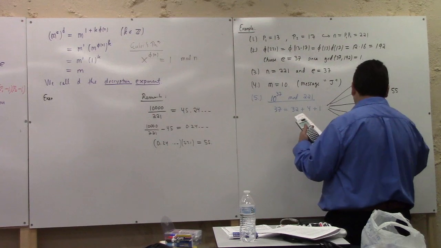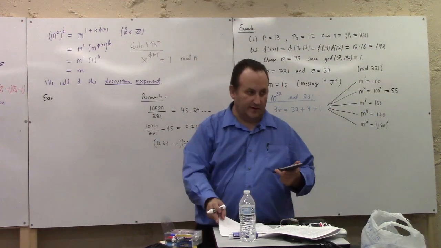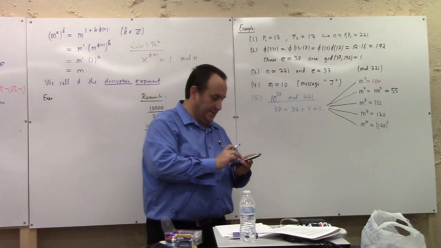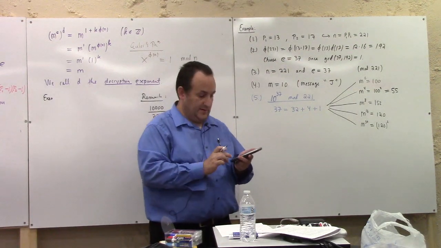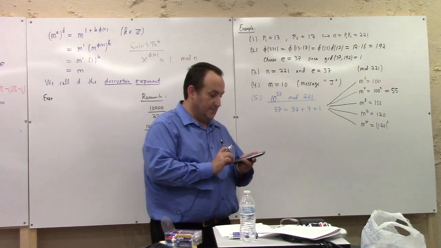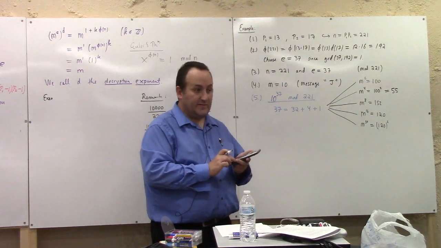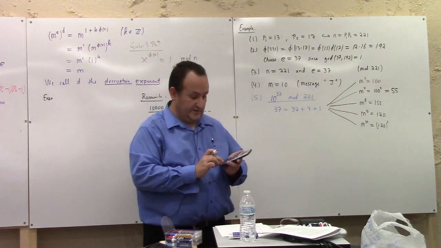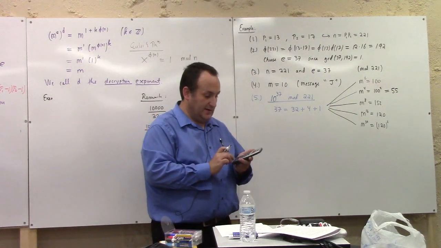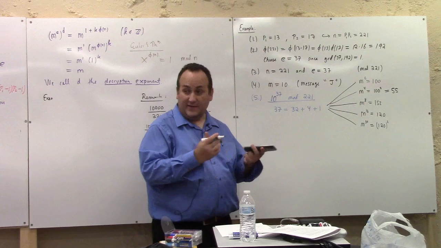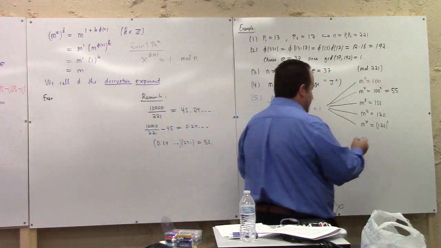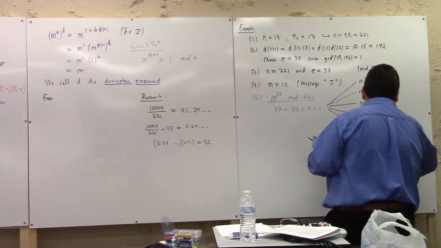This is 120 squared. So I take 120 squared. That gives me 14,400. I divide by 221. It has 65 point something. So I subtract 65. It leaves me 0.158, blah, blah, blah. I multiply by 221. I get 35. So this is congruent to 35.